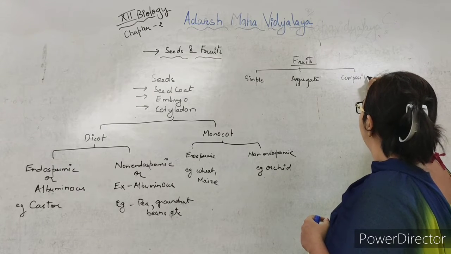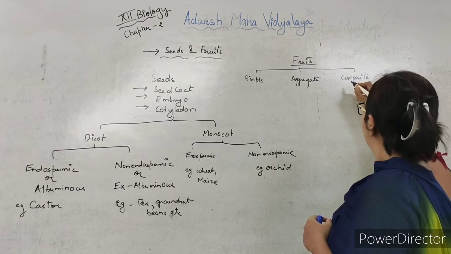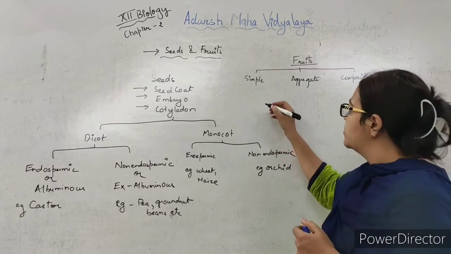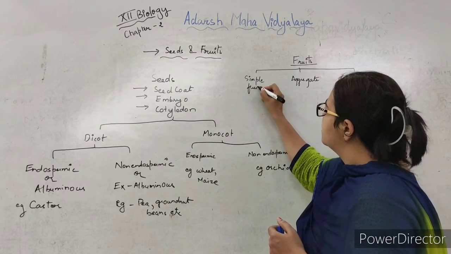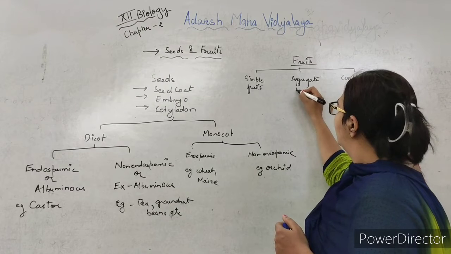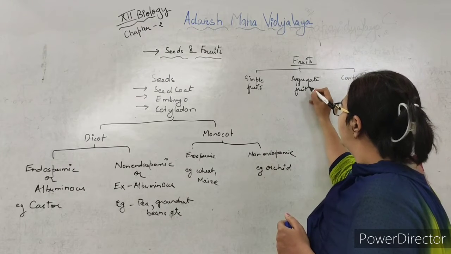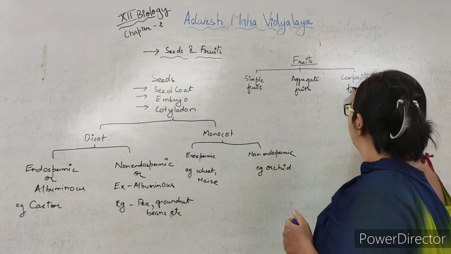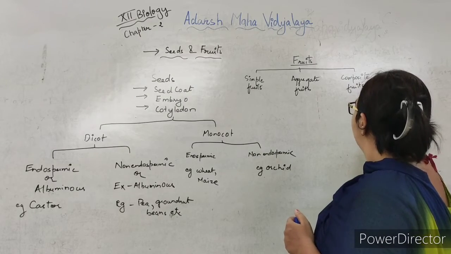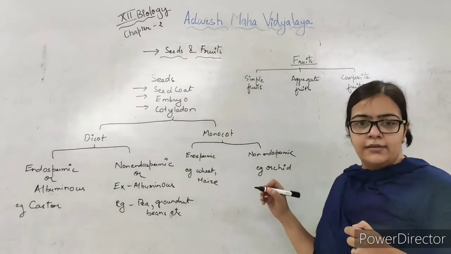We are not going into the detail of these types of fruits, as you already have learned, and I'll also give you one question where you have to define these kinds of fruits, so you will get a quick recap as you read in your 11th standard.